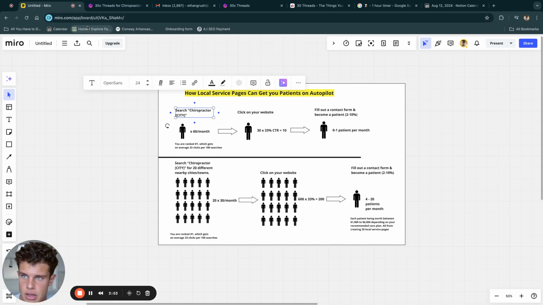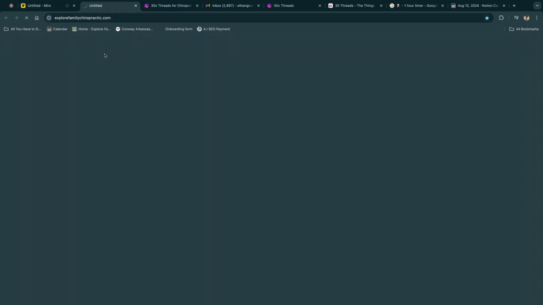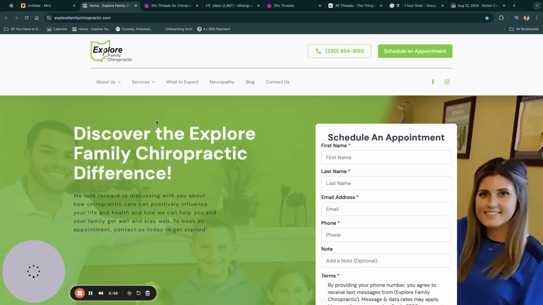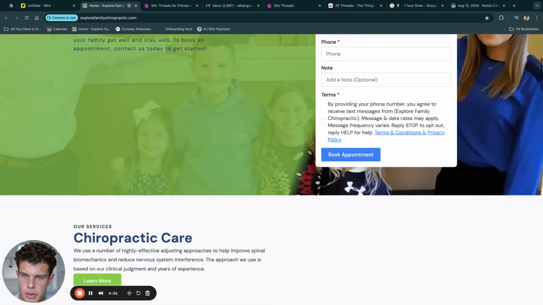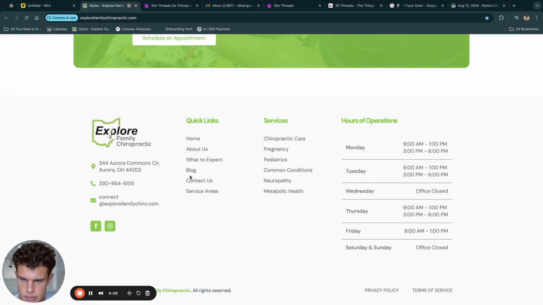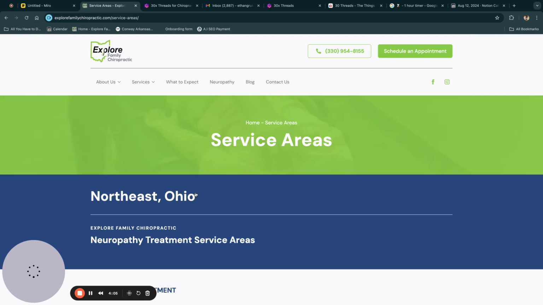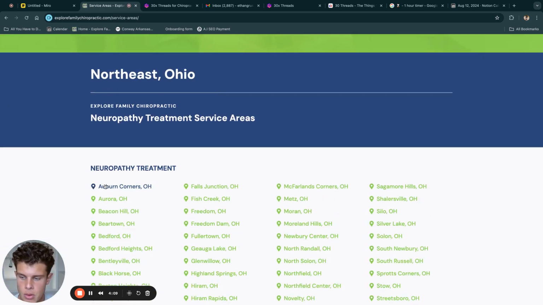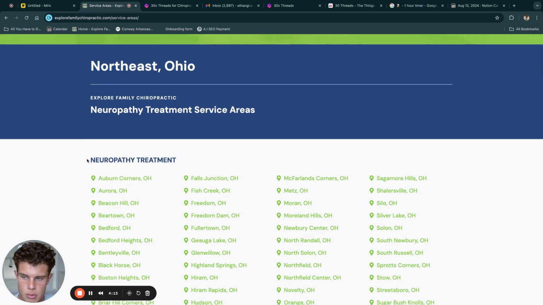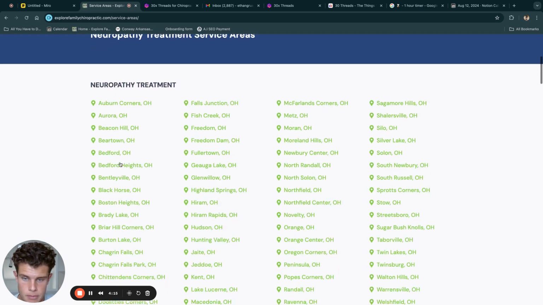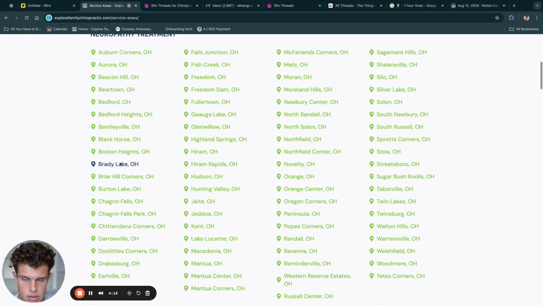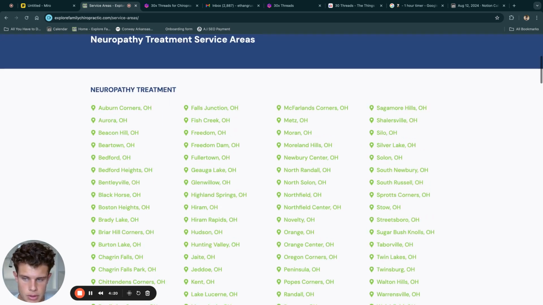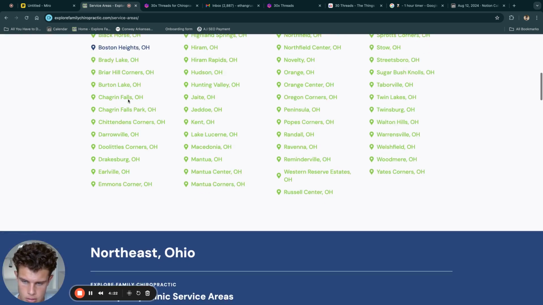Now, let me show you a brief example of what these pages look like and what the scenario looks like as far as creating them. If we go to this practice and go to service areas, as you can see, they have these local service pages created for different terms. They have one for neuropathy treatment, so they have all these pages for neuropathy treatment for these particular cities and towns.